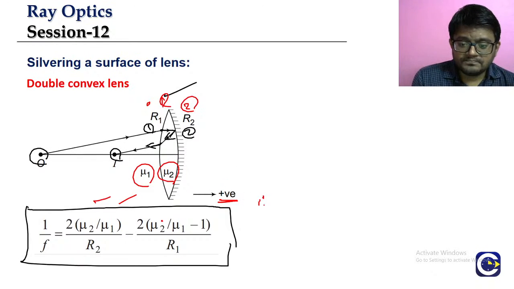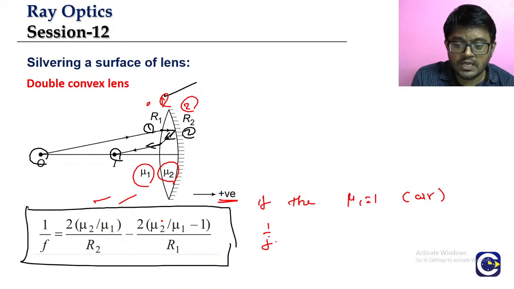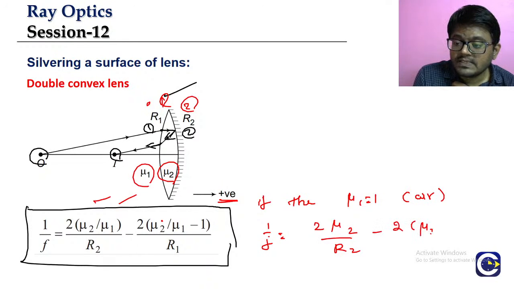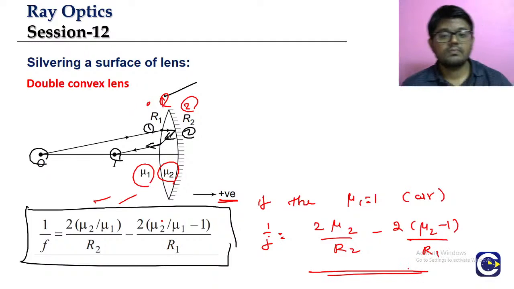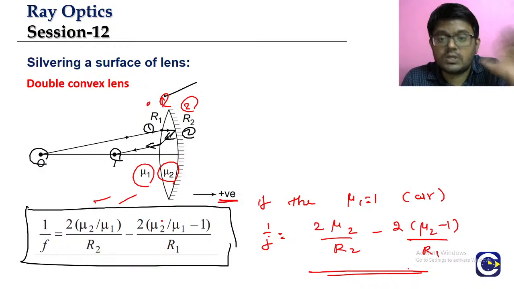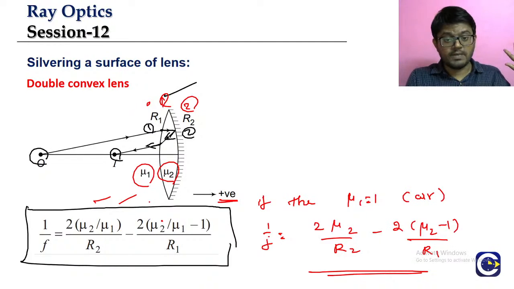So if mu1 is equal to 1, when you have air outside, what will be the formula? 1 by f is equal to 2 times mu2 by R2 minus 2 times (mu2 minus 1) by R1. This is the formula if you consider the outside medium to be air, so mu1 will be equal to 1. But if you have some other medium, this is the general formula we have to remember.